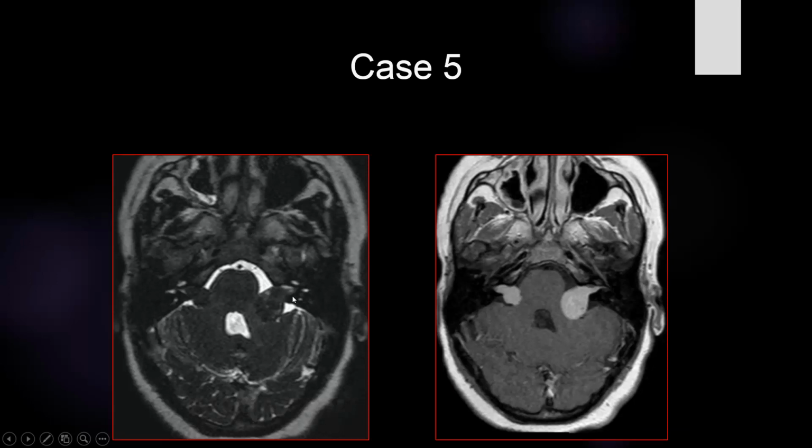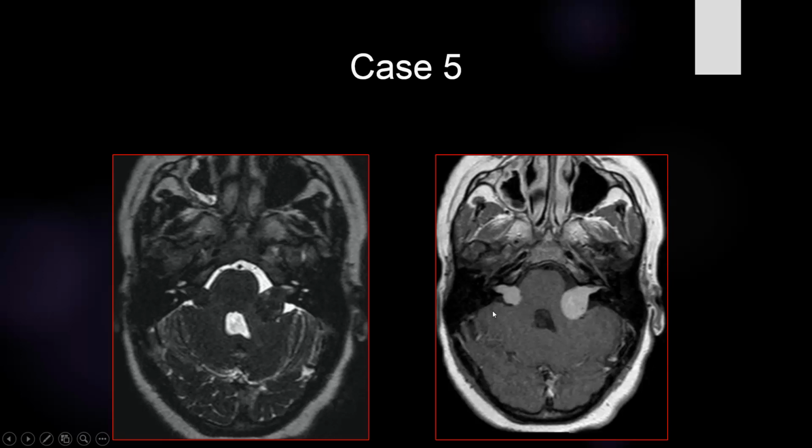Okay, in this case, this is a typical example of bilateral schwannoma in T2 weighted images. Here, these are cerebellopontine angle lesions with intracanalicular extension. They show rather homogeneous enhancement with no evidence of a dural tail and the appearance of an ice cream cone.